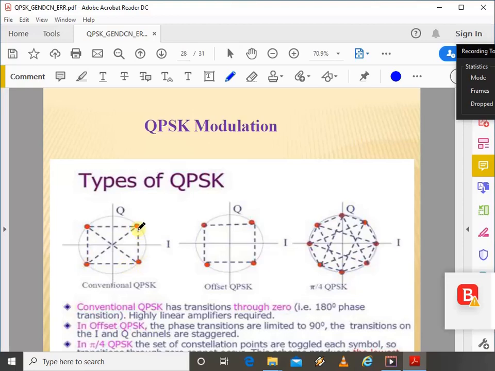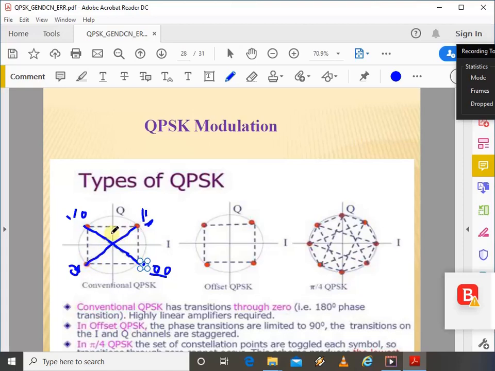Suppose in the input bit sequence the first dibit was 00 and the next dibit was 10. Then there is a phase shift of 180 degrees in the QPSK signal. Similarly, if the first dibit was 11 and the second was 01, there is a phase shift of 180 degrees in the QPSK signal.